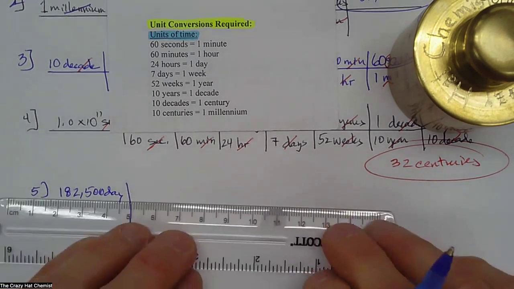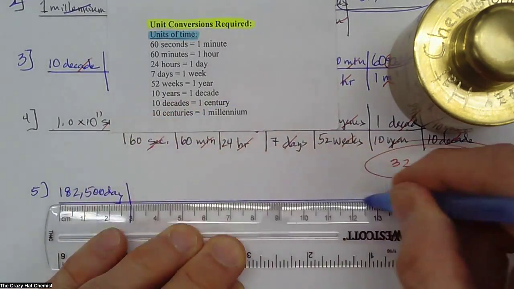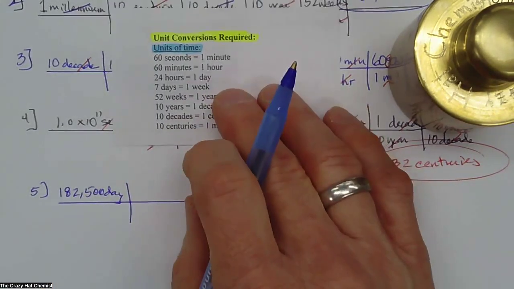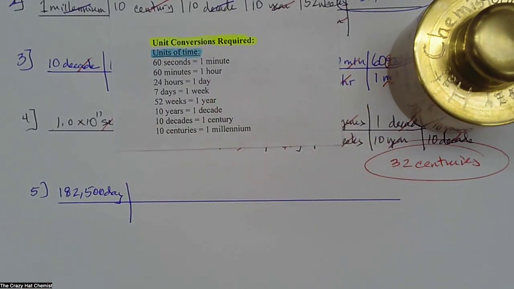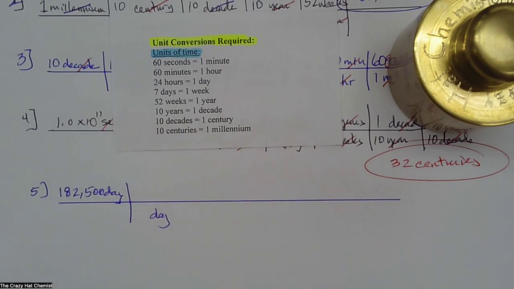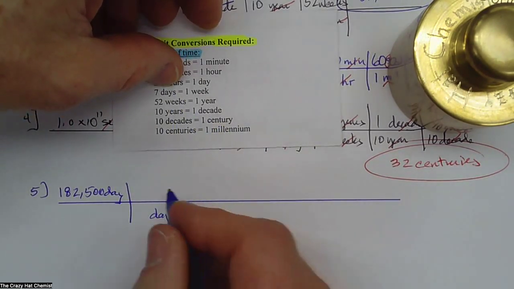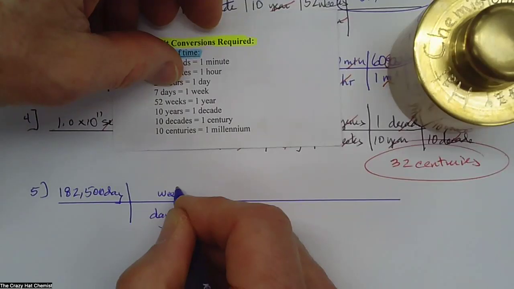So 182,500 days, and I'm looking for centuries. So vertical stop and a horizontal line, and let's see how far we need to take this. Again, my unit conversions are right up above there, so you can reference those. I got days right here, and I am looking for centuries. So I'm going to go from days to weeks.